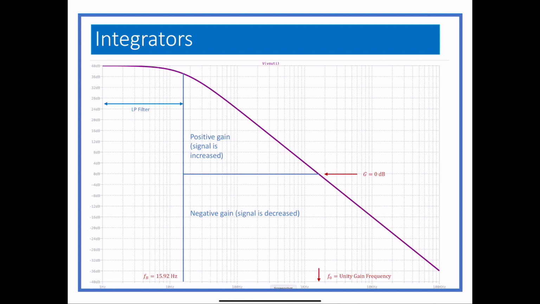The unity gain frequency is what is going to determine how we design the circuit. It's an important parameter, but it is not the only parameter at which integration occurs. It's just a dividing line between when the gain is positive and when the gain is negative.